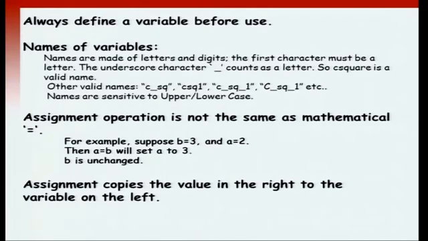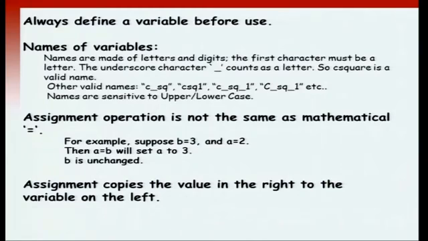So the statement A equal to B will set A to B's value. B's value is 3, and that value will be copied to A. So it will set A to 3 and B will be unchanged. Okay. So watch out for this.